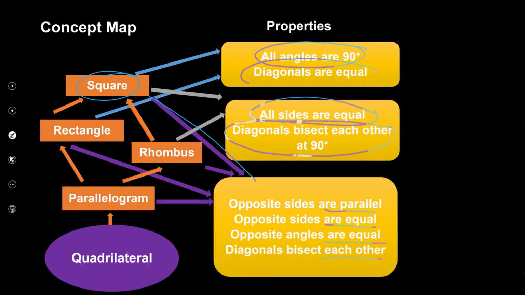Also, the diagonals are also equal. So, hey, this means a square is now overlapping in all the properties that we have here. So as a result, what do we classify a square as? We can classify a square as a rectangle, as a rhombus, or as a parallelogram, based on the fact that it overlaps in all of them.